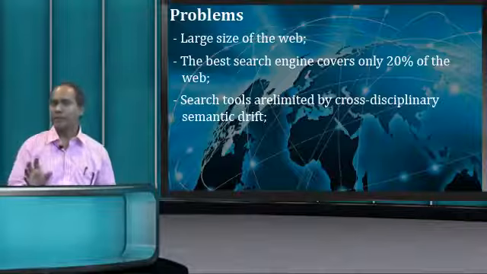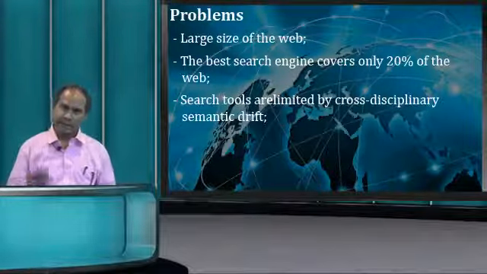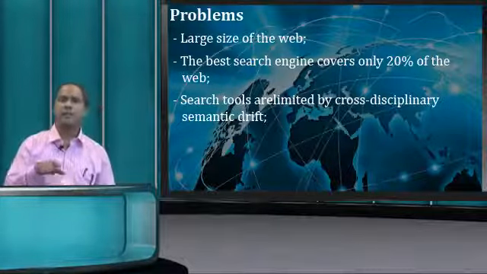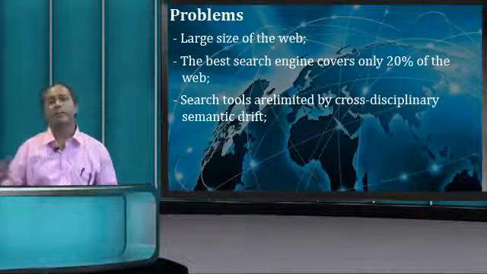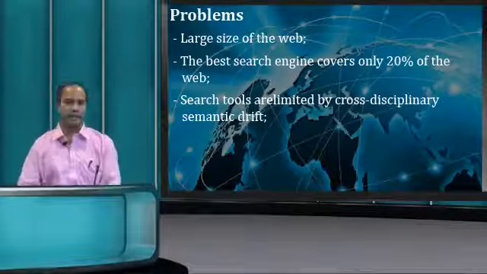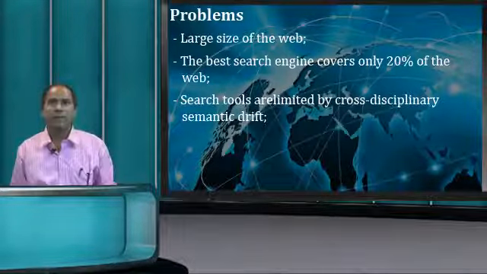This is called cross-disciplinary semantic drift. You are searching for a particular word in a particular context, and the search engine is giving you results in a different context, as they are based on word indexing. So this is a big problem in retrieval from search engines.